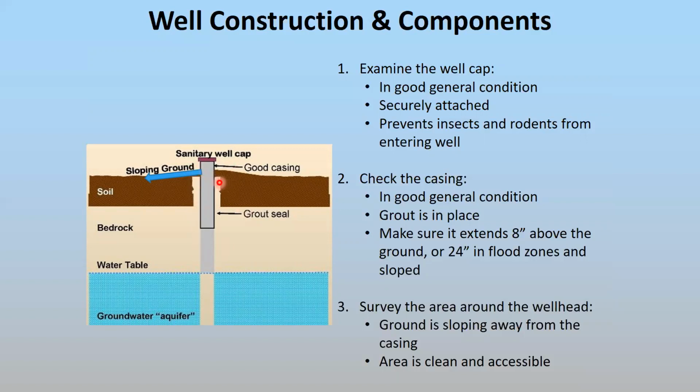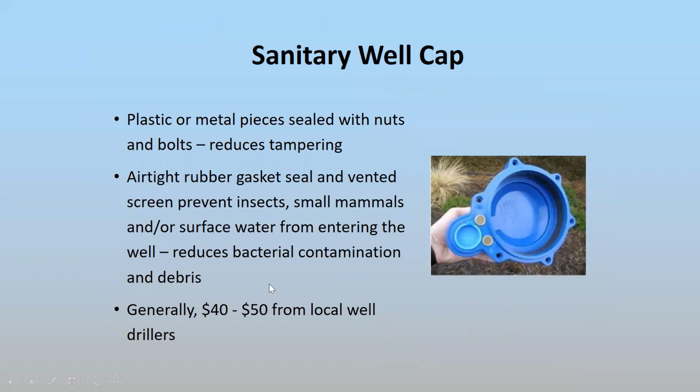It's important to have a good grout seal, which is basically special material that's packed in when the well is dug to prevent water from entering and following the casing and then getting down into the aquifer. Here's a picture of a sanitary well cap, a very inexpensive investment to keep out insects, etc.